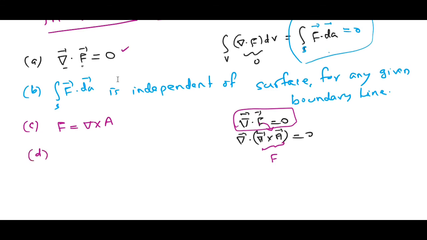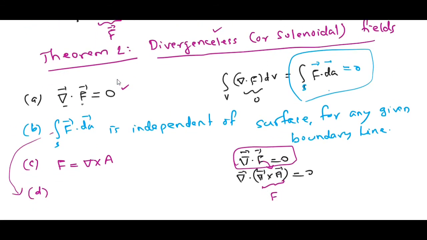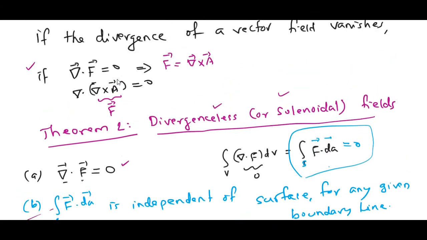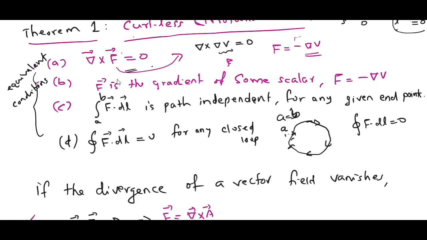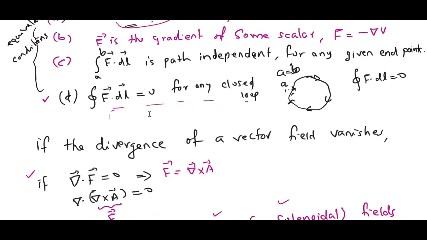Then the fourth point that I want to write is the continuation of this one. This is very similar to the case where we discussed the fourth point, that is, f dot dl is 0 for any closed loop. That is, the line integral is 0 for any closed loop.